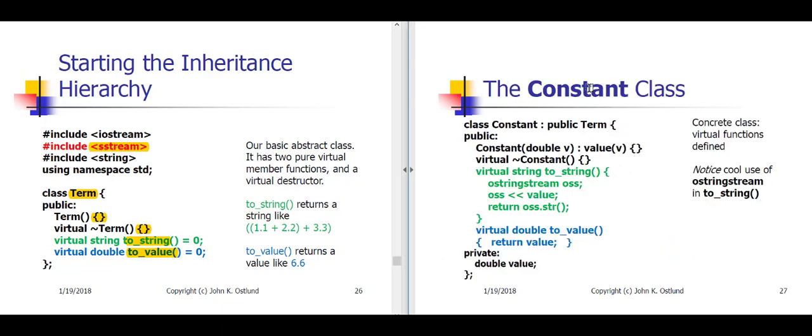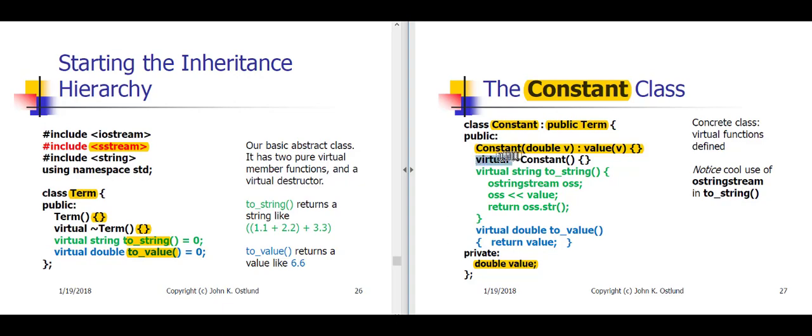Now let's look at constant. On slide 27, a constant is a kind of term. It has a private data member called value containing a double, and notice that its constructor simply assigns the argument value provided to that value data member.